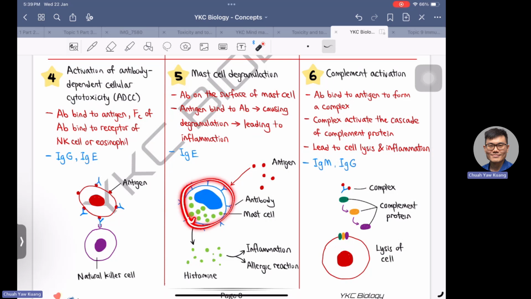So when this mast cell encounters any antigen that can be recognized by this antibody on its surface, the antigen will bind to the antibody. The binding of the antigen to the antibody on the surface of the mast cell is going to activate the mast cell and thus cause degranulation. The mast cell is going to release a lot of substances like histamine, and this histamine will later cause inflammation and also the allergic reaction.